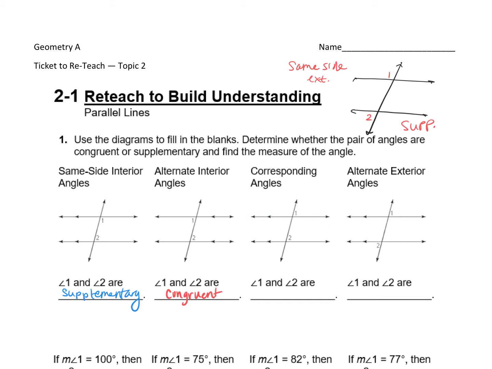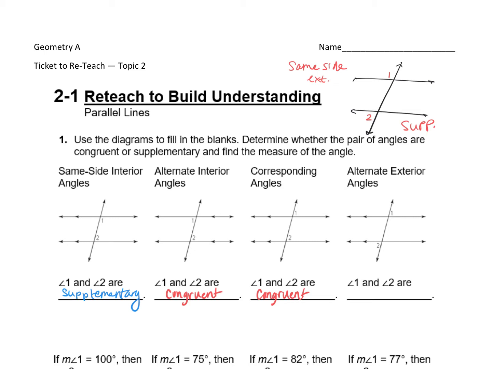Corresponding angles, parallel lines cut by transversal. Angle 1 and angle 2 are corresponding because they're in the same position. So I can see angle 1 is the top right angle of this grouping. Angle 2 is the top right angle. When you have corresponding angles, those angles will be congruent.